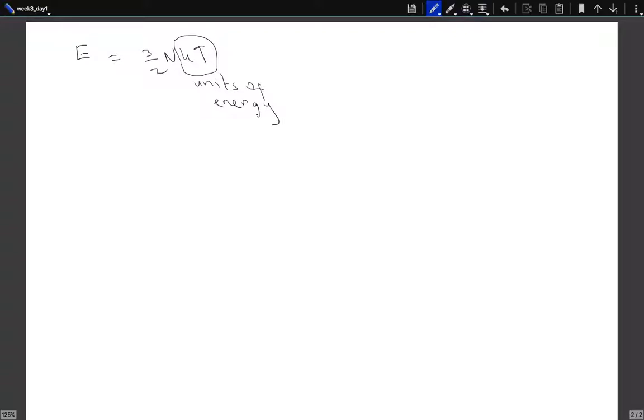K is essentially just a conversion factor. For example, from kilograms to grams, you have the conversion factor 1000. Here this K has that weird number because we prefer to measure the temperature in terms of, let's say, absolute temperature, Kelvin. But what is Kelvin? More fundamental will be some unit of energy.